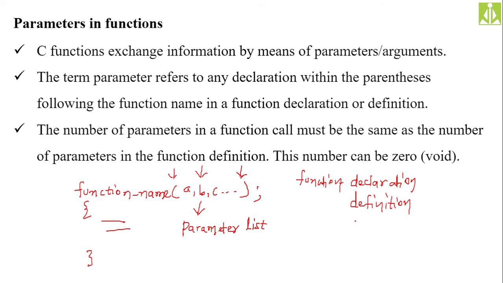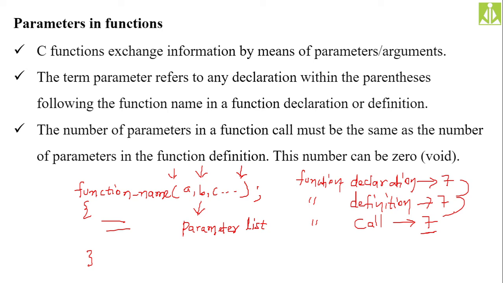Let us say at the declaration you have specified 7, then you must specify 7 at the definition, and you must pass 7 parameters at the function call. The count should be exactly the same in declaration, definition and calling. And this number can also be 0.